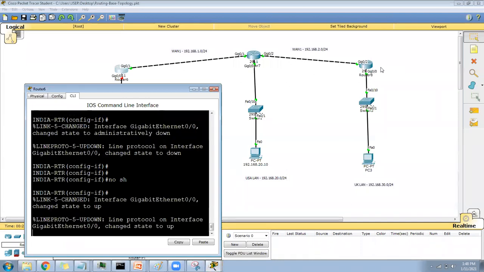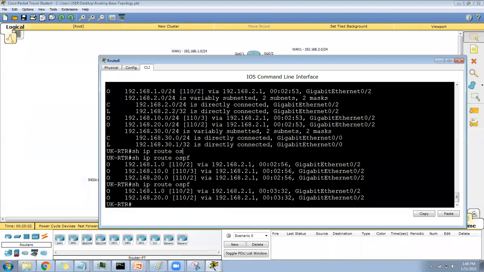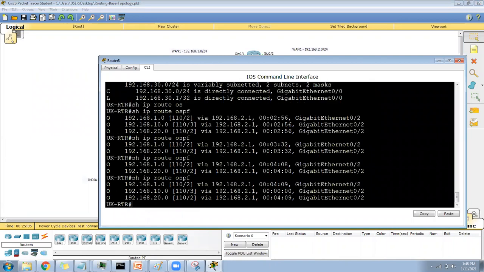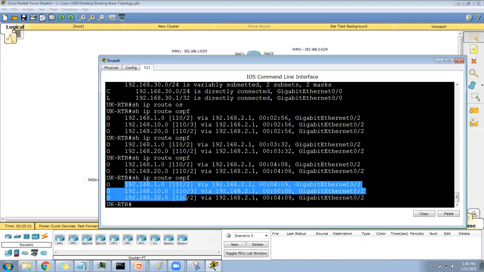Now let me go back to the UK router. Okay, it was not there. Can you see now? It takes some seconds, but now see, 10 came back. So this is called a dynamic update, if anything goes down or up, something happens.